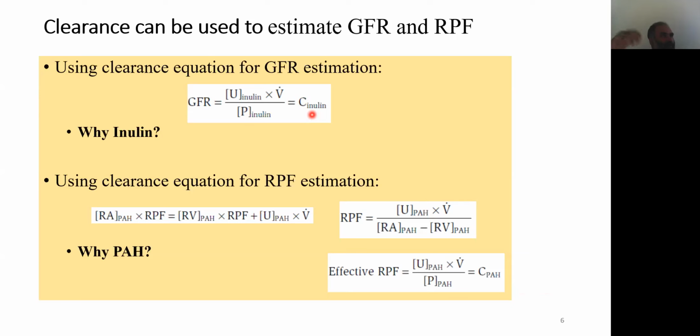It does not get reabsorbed and it does not get secreted. So literally, the amount of inulin that you give is filtered out, and whatever is coming in the urine is only what is filtered. The nephron doesn't deal in any other phenomena, reabsorption or secretion, for inulin.